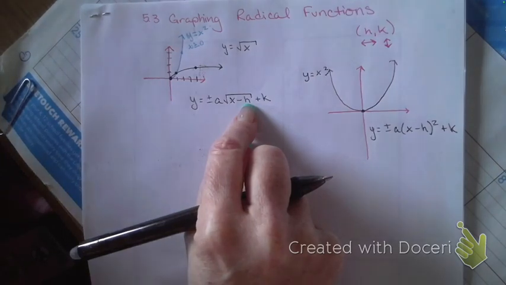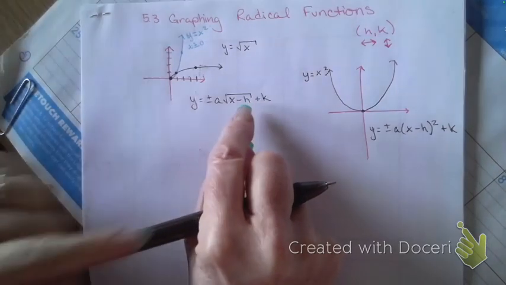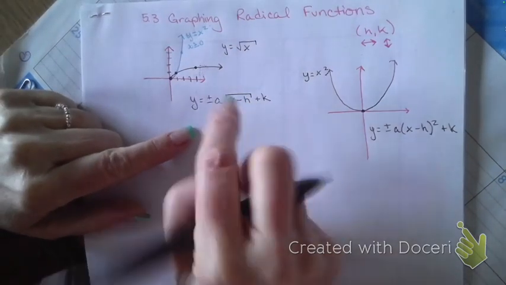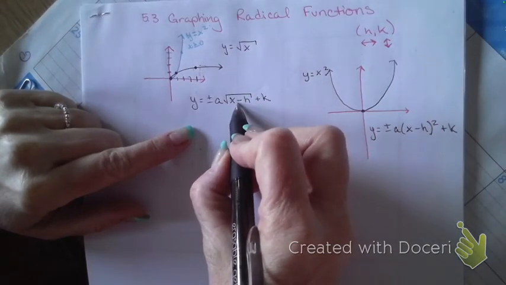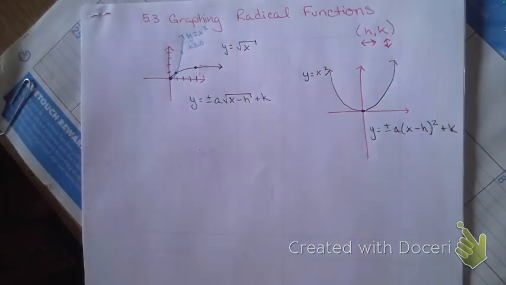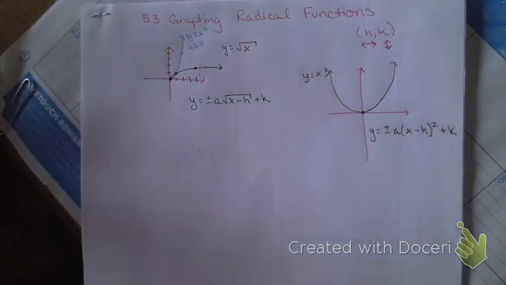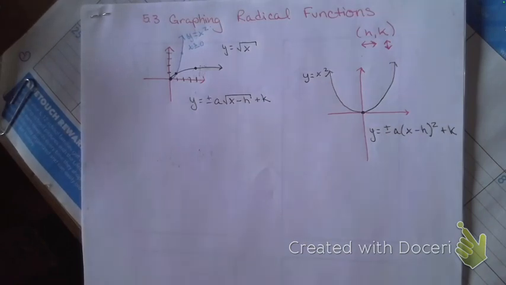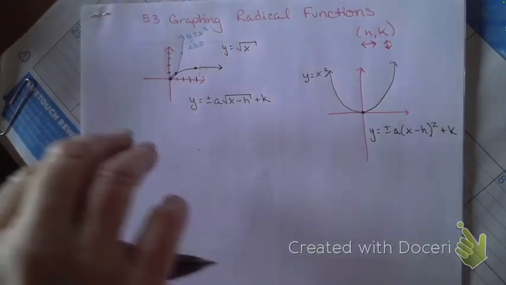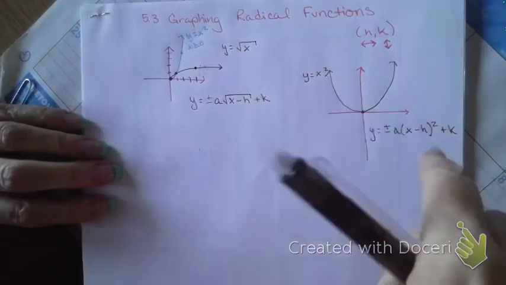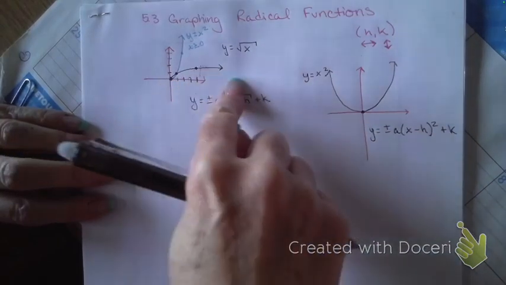K is going to move it up and down, vertical. And on the H, it's going to be the opposite direction because there's a negative. Everything else is going to work the same. And we've actually done parabolas 3 times already, and we're only on chapter 5. And there's a reason why we did parabolas 3 times. Because when we start introducing the rest, you need to apply the same things to a different shape.